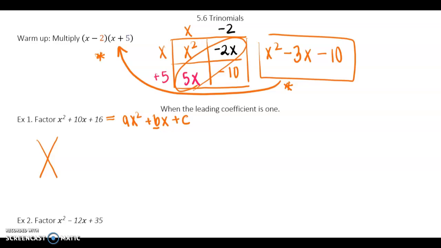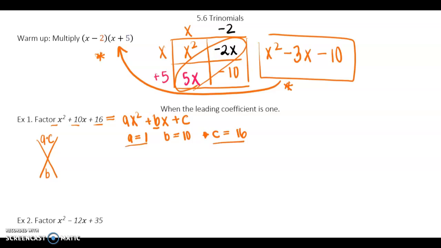In this case, it's a good idea, if you like, to label things. a is equal to 1, b is equal to 10, and c is equal to 16. Now these happen to be in order, but that's not always going to be the case. So with your x, you're going to multiply a times c on the top, and then add b on the bottom.